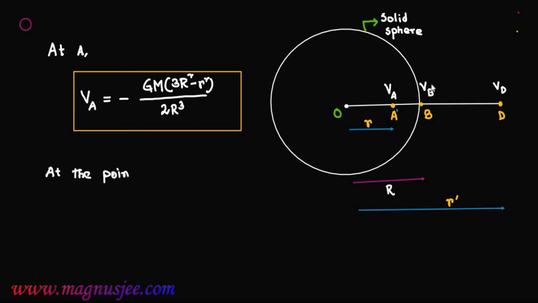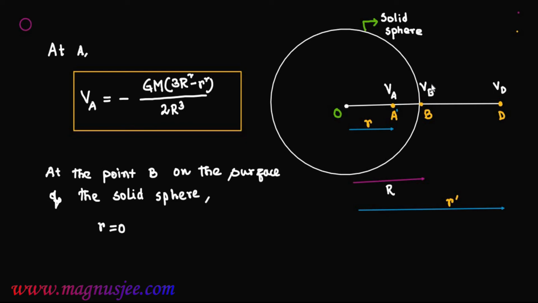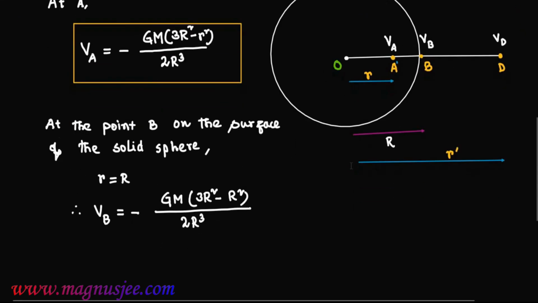Then at the point B on the surface of the solid sphere, small r is equal to capital R. Therefore VB equals minus GM into 3 capital R square minus capital R square, divided by 2 capital R cube.